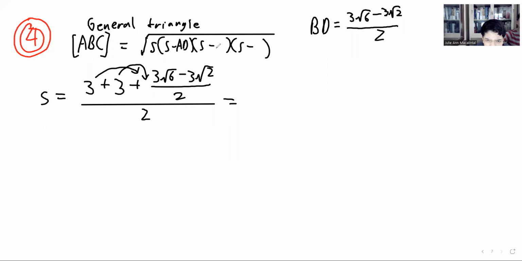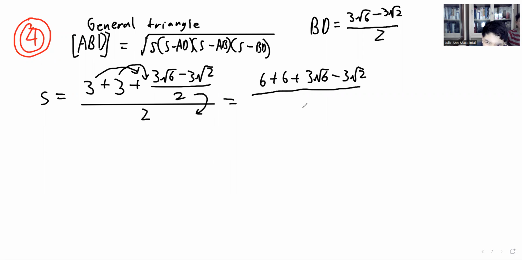CD, AB, equals. So the 3 will go up top, and then it will become 6 plus 6 plus 3 square root of 6 minus 3 square root of 2. And then this denominator will go down there. It will stack down until it turns to 4.